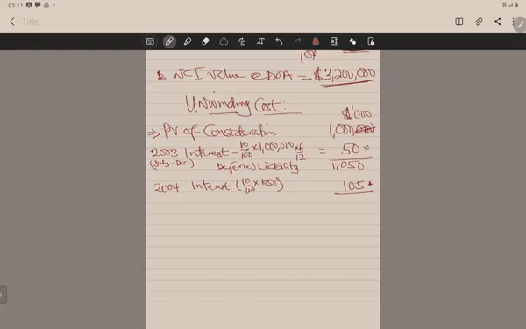In 2003, you are recognizing 50. If you add this together, you will have 1,155. This is your deferred liability as at 31st of December 2004.